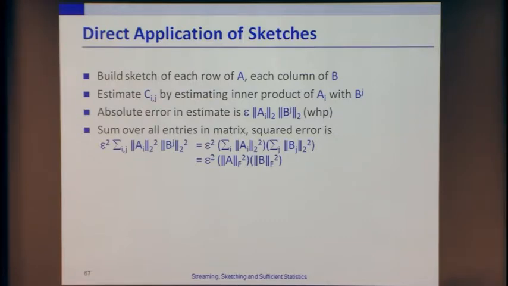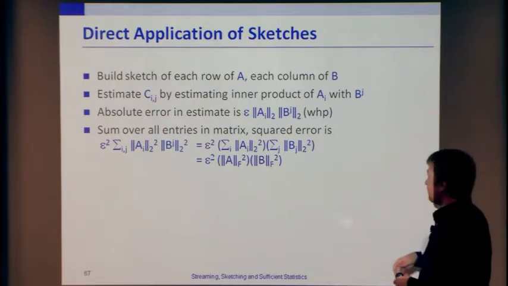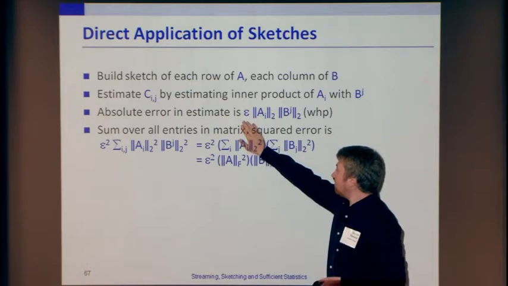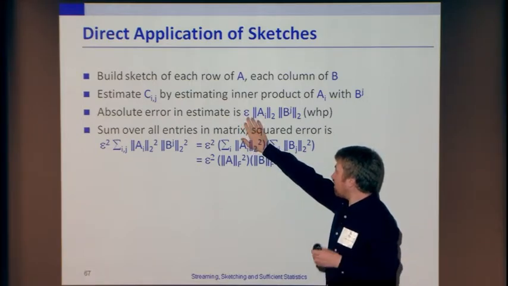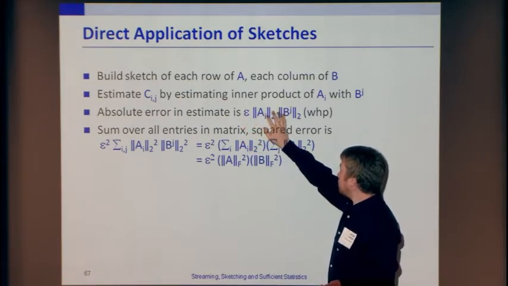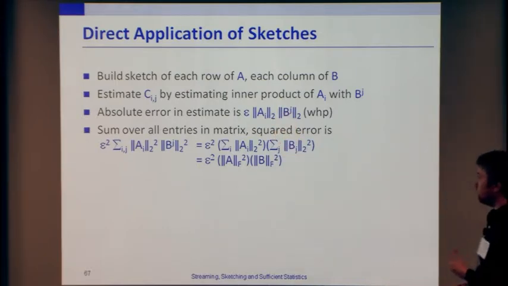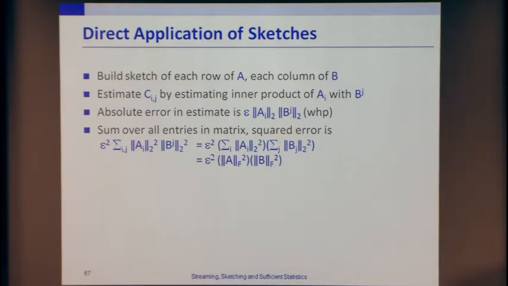That's an inner product. I know through sketching techniques that estimate will give me additive error in terms of epsilon, the parameter of the sketch, and the product of the two norms of those two vectors.